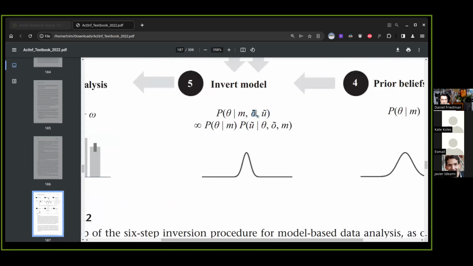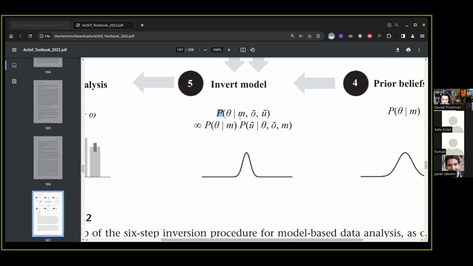So U are our observations, the mouse's actions. O are our actions, its observations. And theta are all the parameters. Very commonly, theta is used just to mean generalized parameters, capital theta.